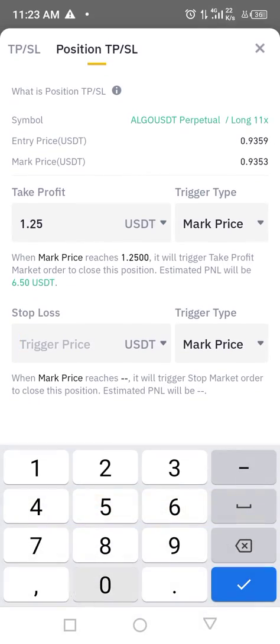So 0.88. The importance of stop loss is that as far as the price does not hit the stop loss, the signal is still expected to work and hit all the targets given. Do you understand?